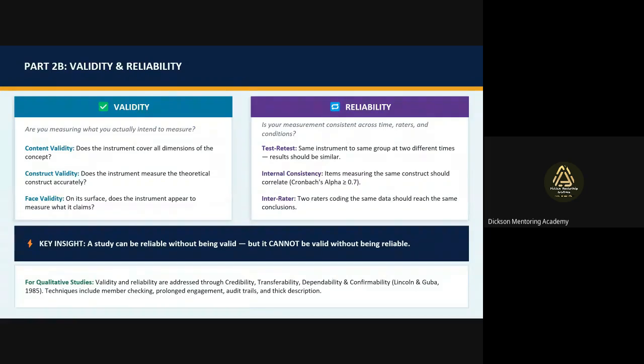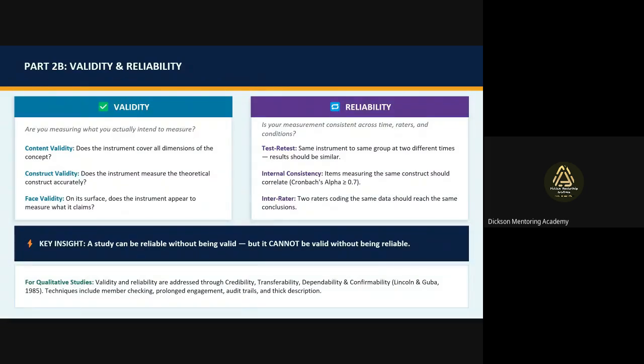This is reliability testing. Now, I know for those of us in sciences, this might sound strange to us because we do not do validity and reliability tests this way. The way I've discussed it is how people in humanities and social sciences do their validity and reliability tests. We in the sciences do ours a little differently.